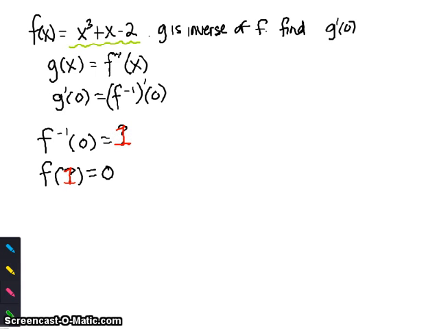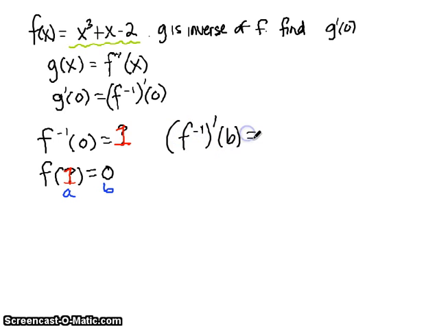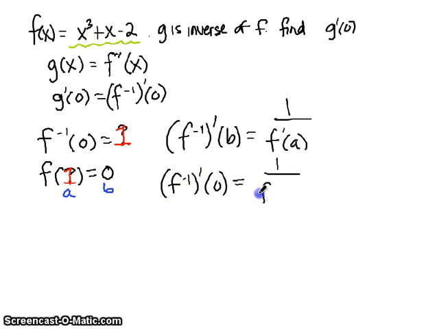So now we have our point (a, b), and we can jump into our rule. So our rule again says f inverse prime of b is equal to 1 over f prime of a. So f inverse prime of 0 is equal to 1 over f prime of 1.